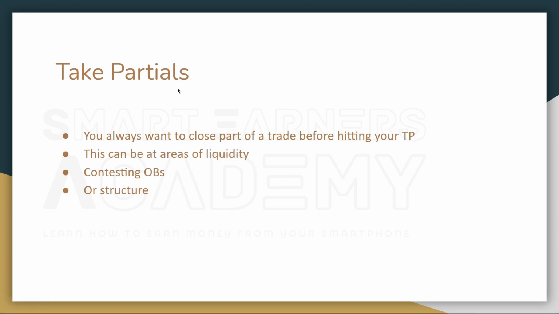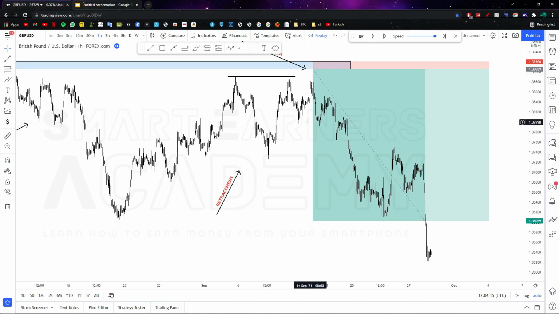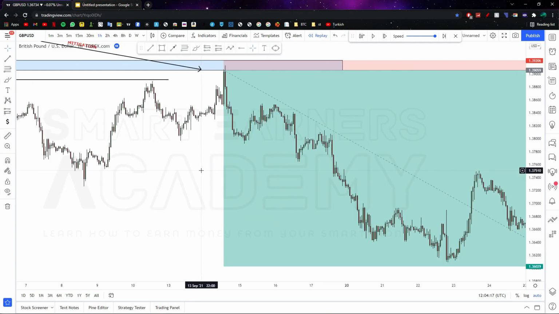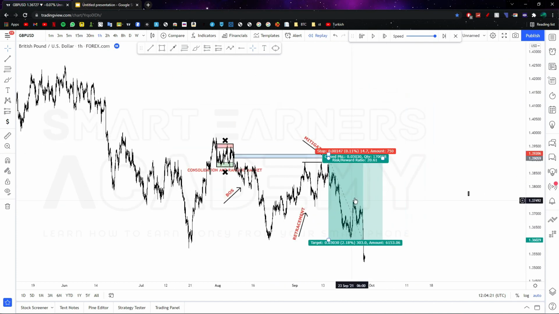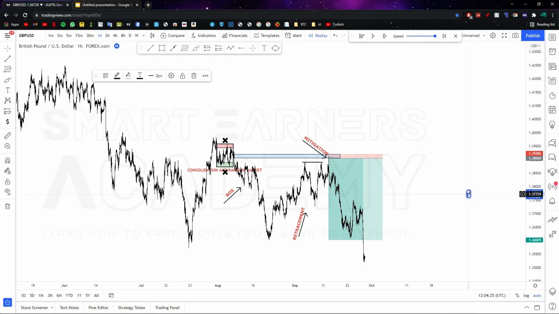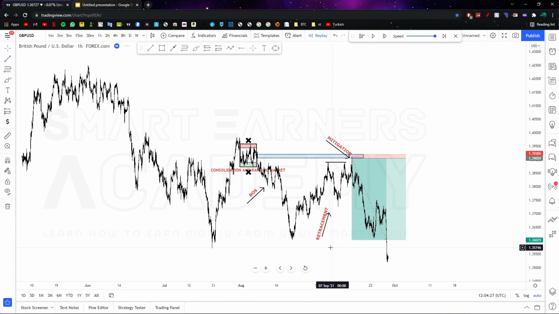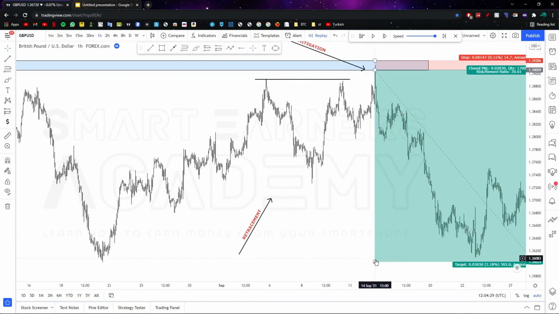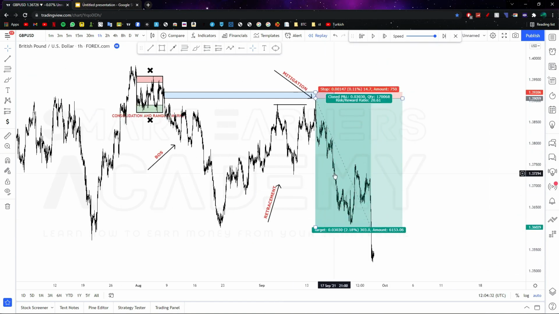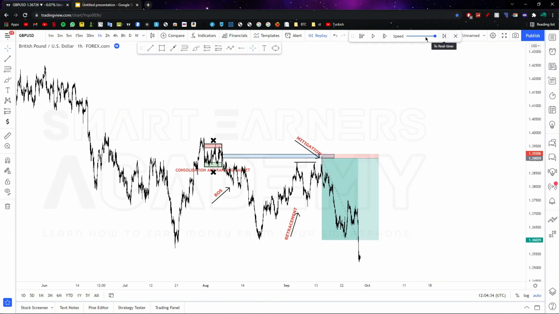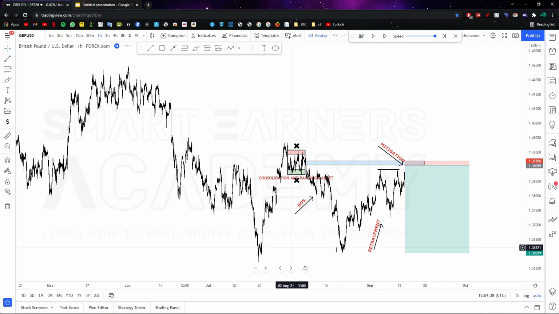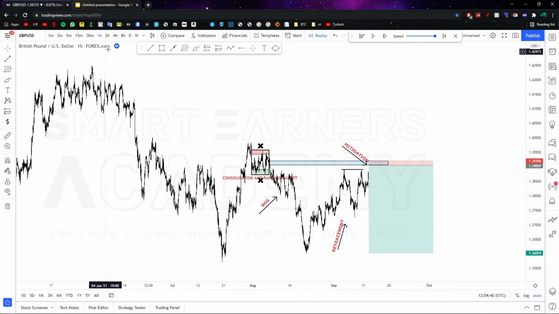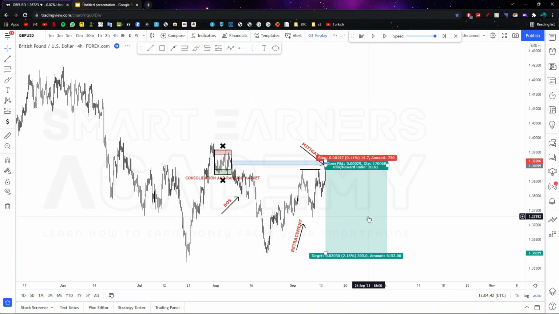So if we begin with our same example from the market structure video and part 1 of risk control, we're just going to go over exactly what was going on, but now we're looking at take partials, right? We're looking at multiple areas where we could hit take profit. So if I just begin by replaying price to here, now we're going to select our take profits and take partials.